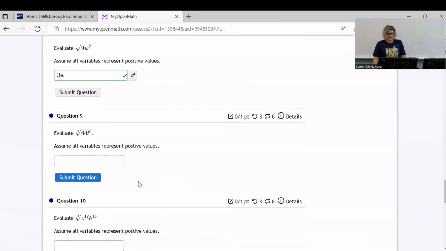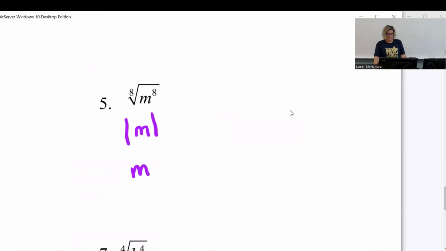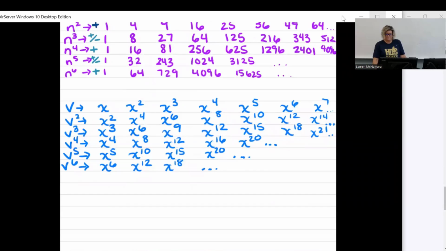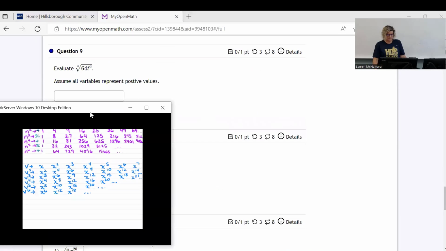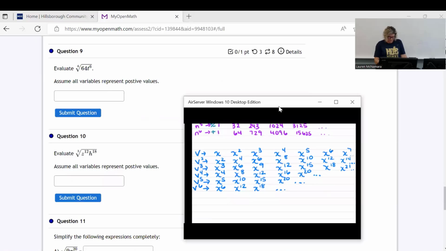So right here for question 10, the cubed root of z to the 12th and h to the 18th. If you're not sure, I'm going to go back here and look real quick. So here I'm looking for the cubed root. So I'm going to look at my perfect cubes.